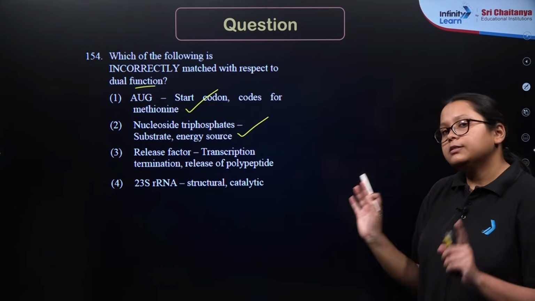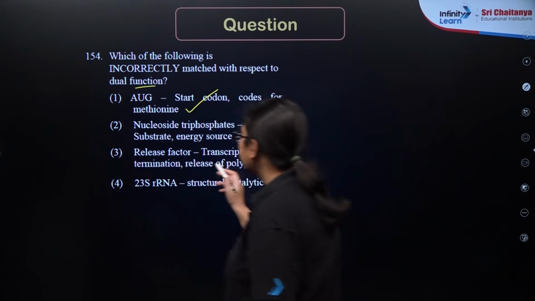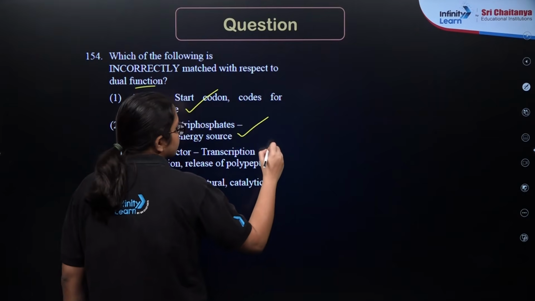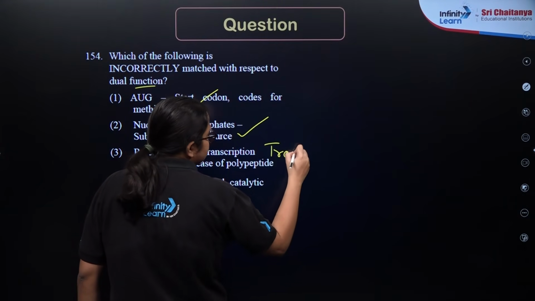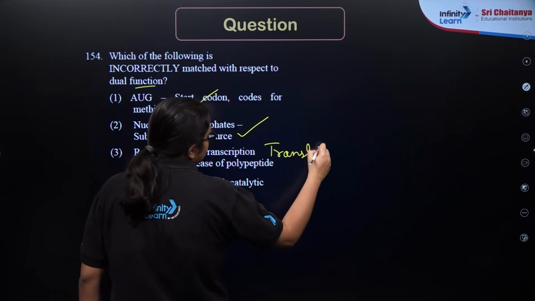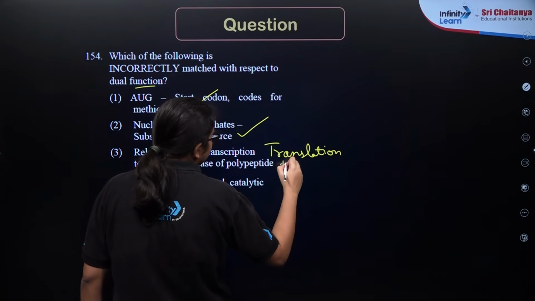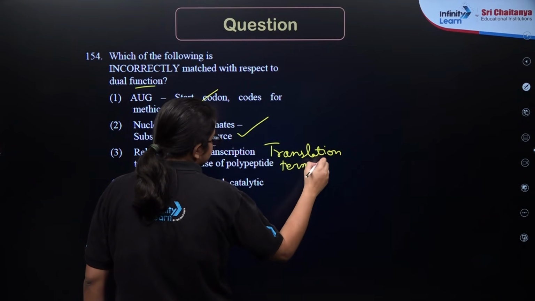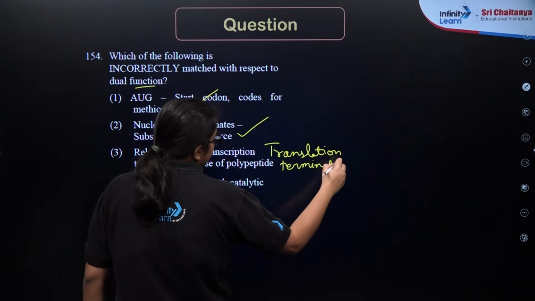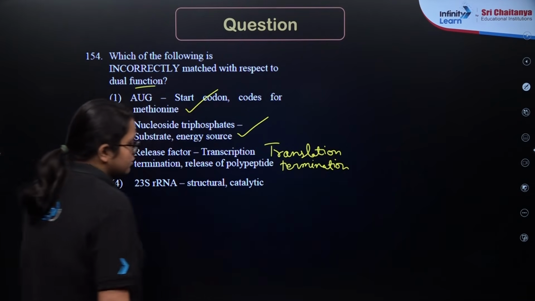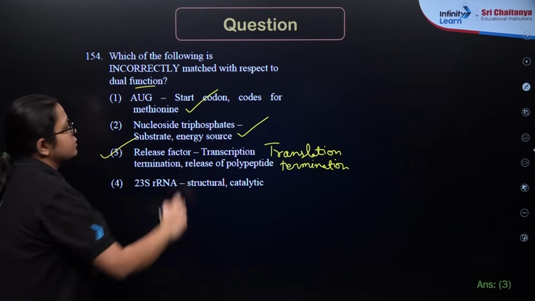Release factor releases the polypeptide, but it is not transcription termination, it is translation termination. Translation is terminated due to release factor, not transcription. So the answer is the third one. This is incorrect.